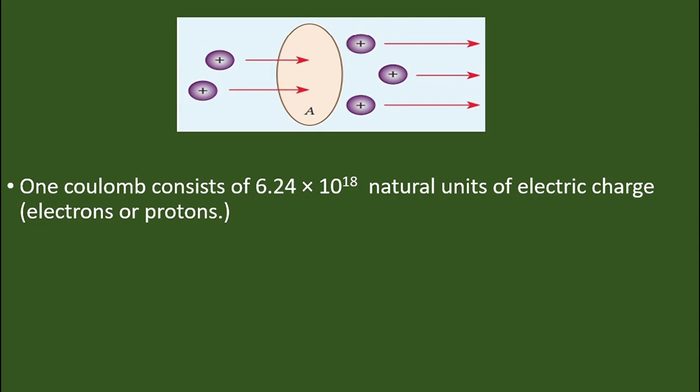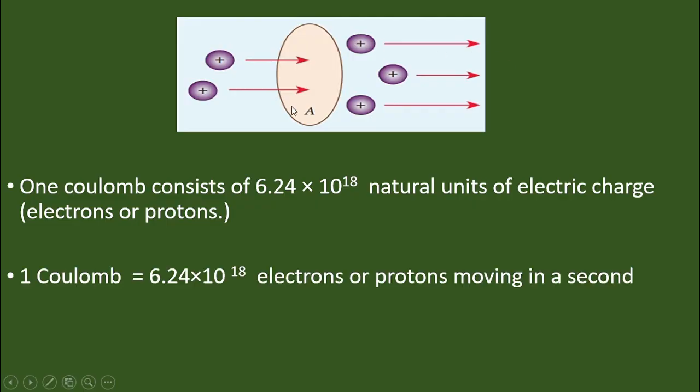That is nothing but 1 coulomb equals 6.24 into 10 to the power of 18 electrons or protons which pass in 1 second through the area of cross section of a given conductor.